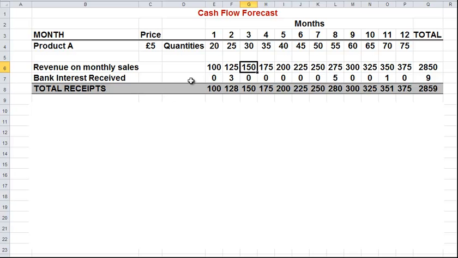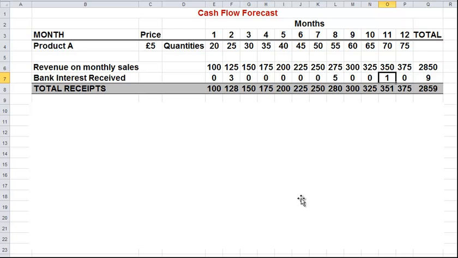And in addition to that, we'll say that this particular company receives interest on money it's deposited with the bank. So in the second month, it receives 3, whatever 3 is, 300, 3,000, whatever. So it receives 3, and in month 8 it receives 5, in month 11 it receives 1, just to show how that is built in.